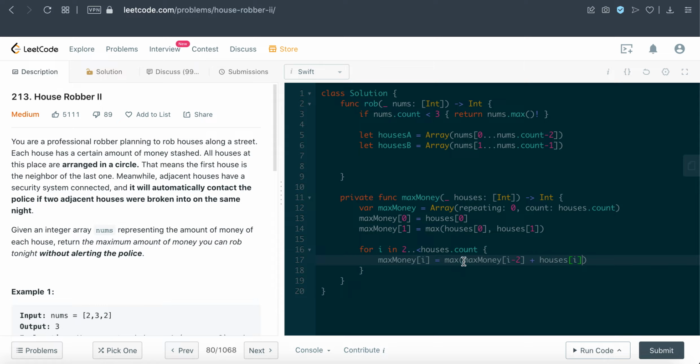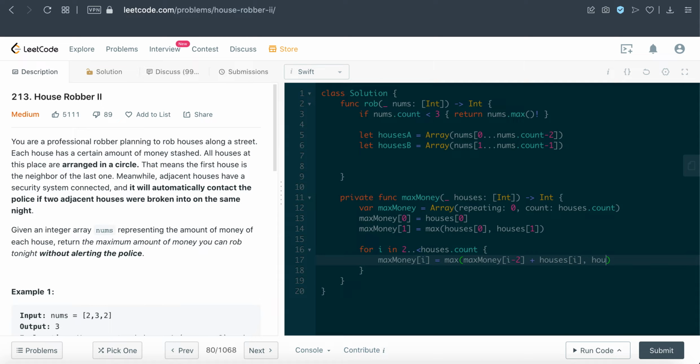So essentially we are saying, do we want to rob this current house and two houses back of it, right? Because we can't rob the house before it because it's back to back. So the only option if you want to rob this current house is essentially taking this current house money and two houses ago and summing it up. That will give us the maximum money.